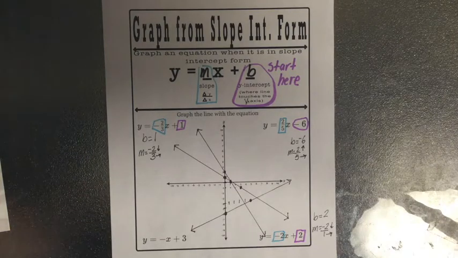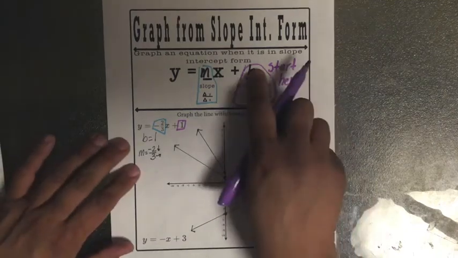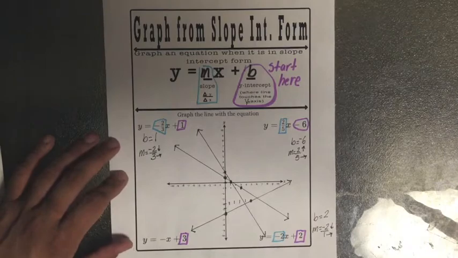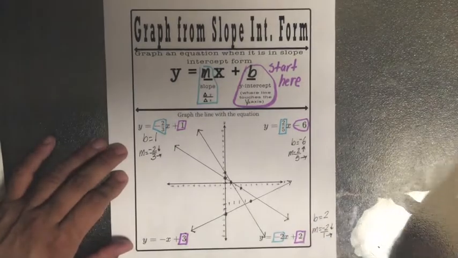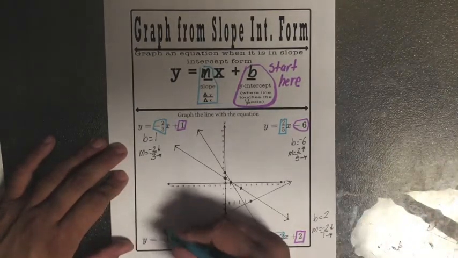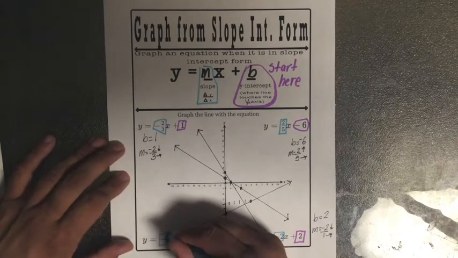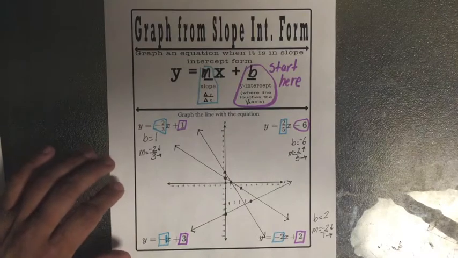Again, I'm going to start here on b. So it's positive 3. And my m is negative, there's an invisible 1. So negative 1 here.